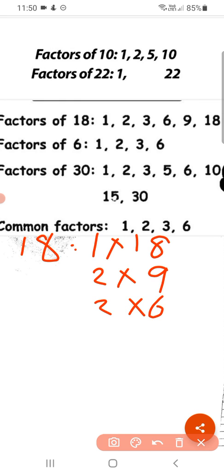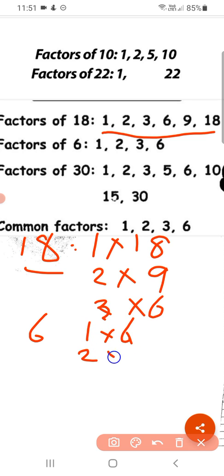When we multiply these three pairs of numbers, we will get 18. So these are the factors: 1, 2, 3, 6, 9 and 18. Next, factors of 6. 1 into 6. 2 into 3. 1, 2, 3, 6.